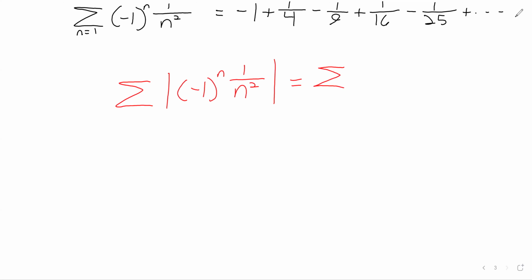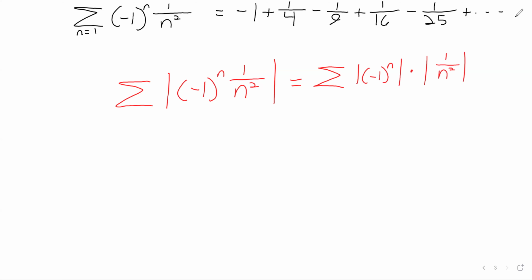And here's where, if we're not used to working with absolute values, it's important that we become used to working with them. Some very important material is going to use this. So the absolute value of a product is the product of the absolute values.